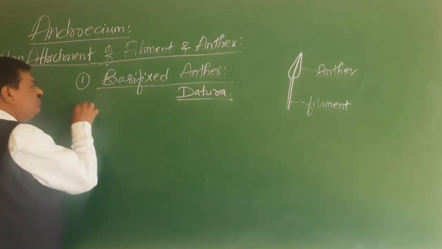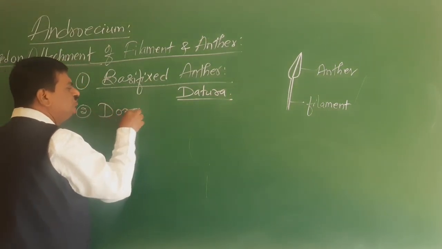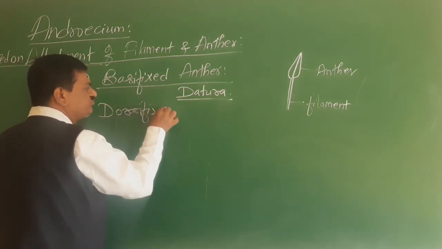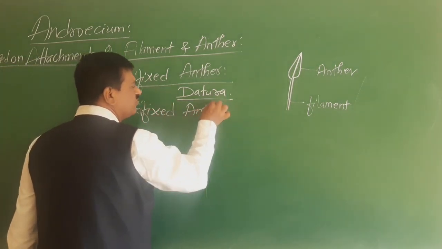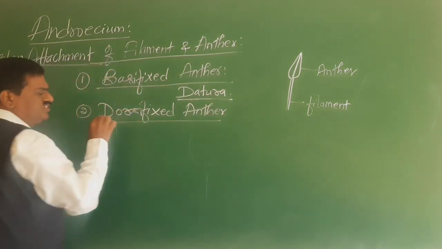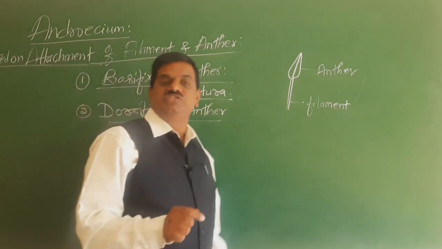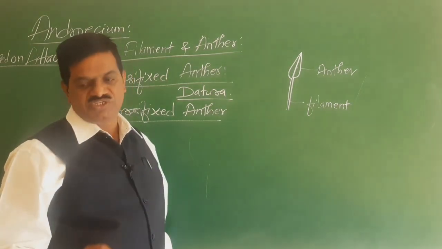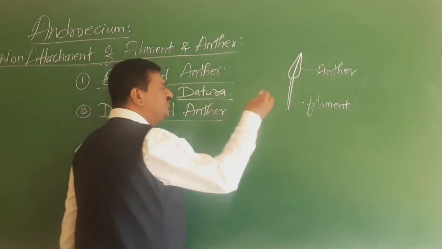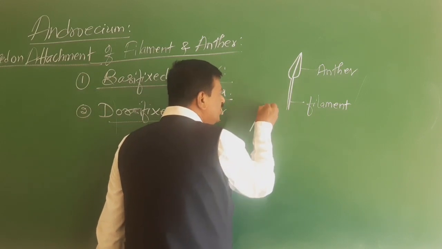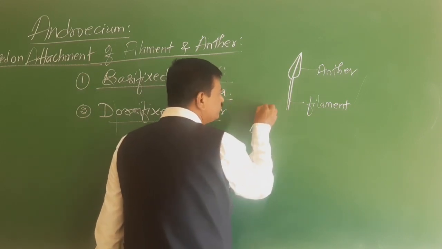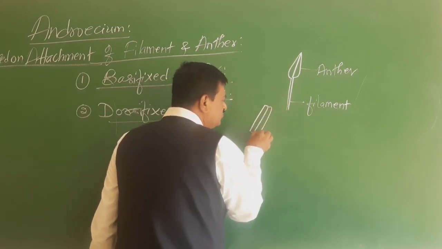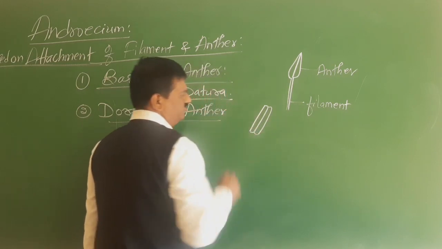So we go for the second one, called dorsifixed anthers. This indicates that on the dorsal side of an anther, the filament is present. So when you take an anther, this is the anther.